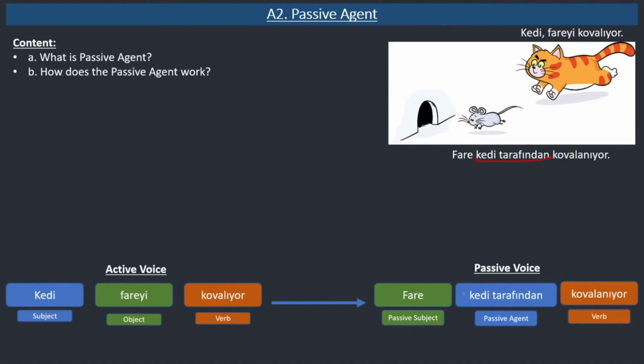You change the order. Actually kedi tarafından you can also put it in the beginning. Kedi tarafından fare kovalanıyor. Or fare kovalanıyor kedi tarafından. It is flexible, but in most cases, that's the most common order. So basically, the mouse by the cat is being chased. That's how we are saying it in Turkish.